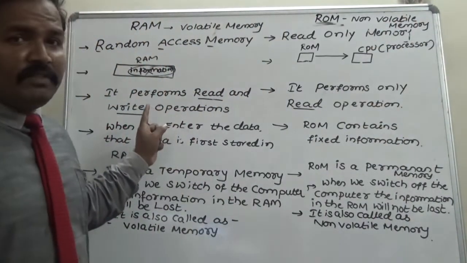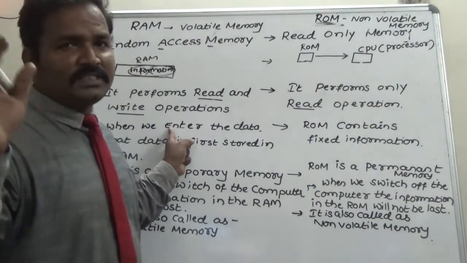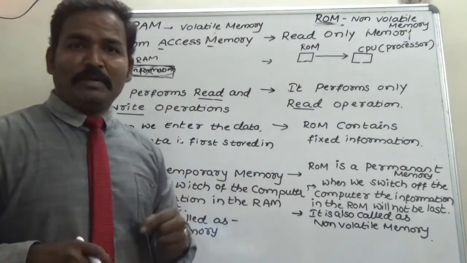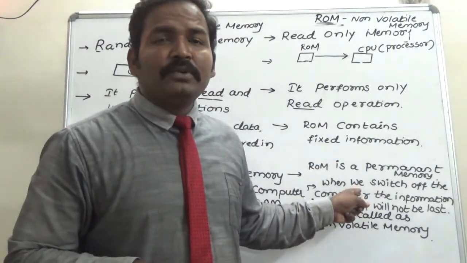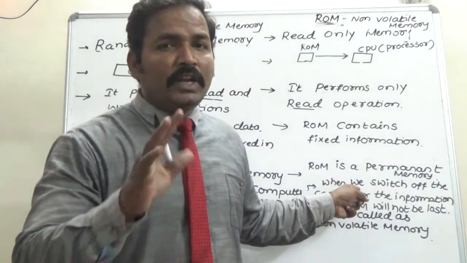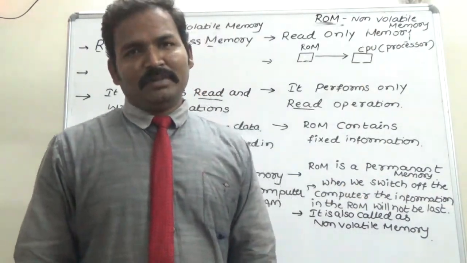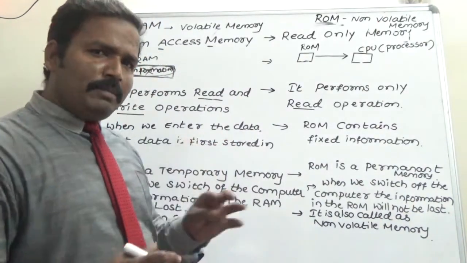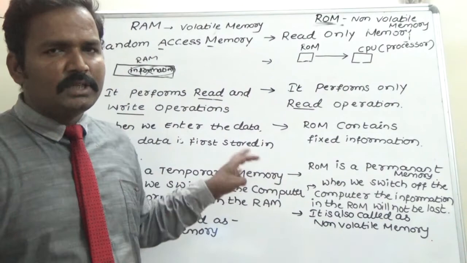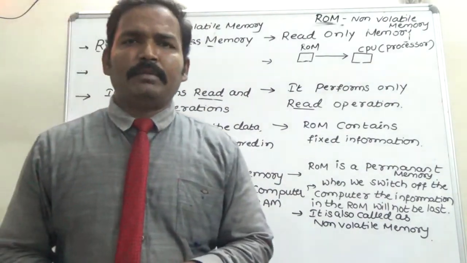So when we switch off the computer, the information in the RAM will be lost, so it is a volatile memory. When we switch off the computer, the information in the ROM will not be lost, so it is a non-volatile memory. The information in the RAM will be changed, it does not contain fixed information, that's why it is a volatile memory.